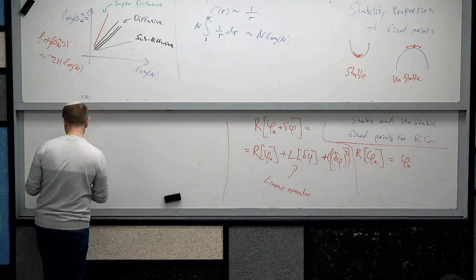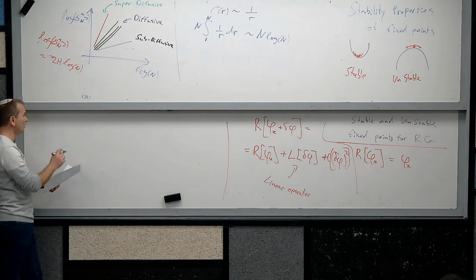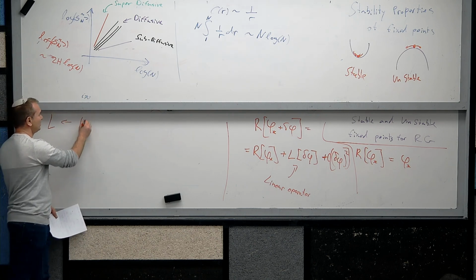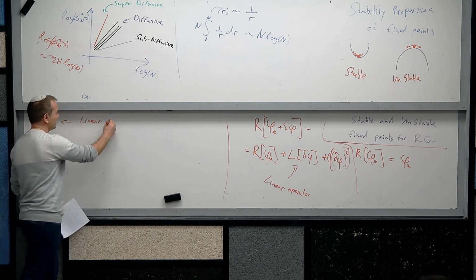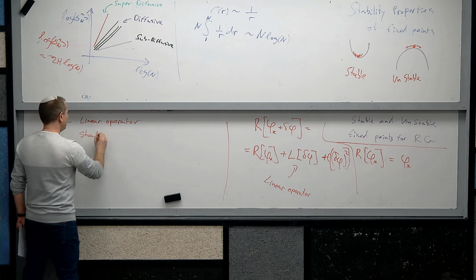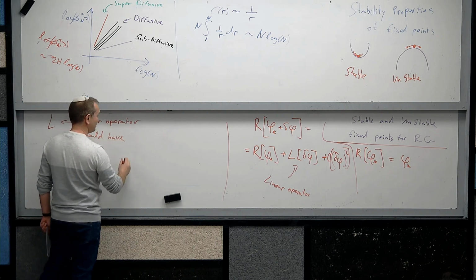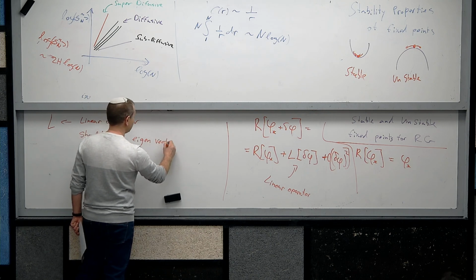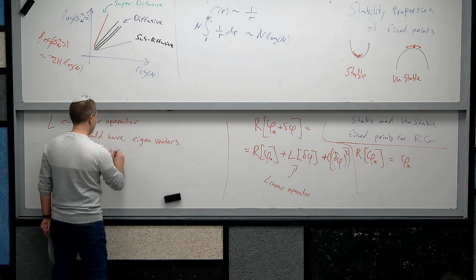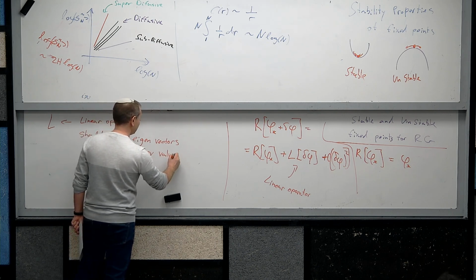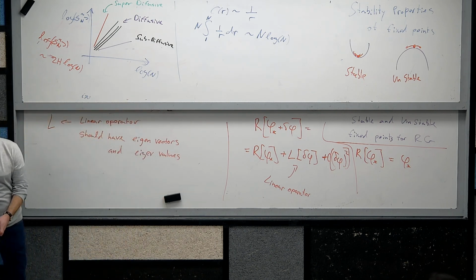So if you look at this linear operator, it should have eigenvectors and eigenvalues. What do I mean?